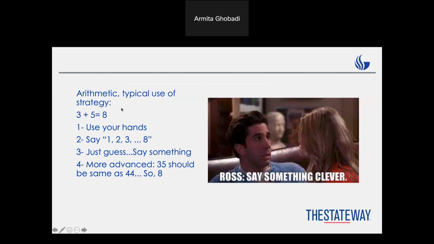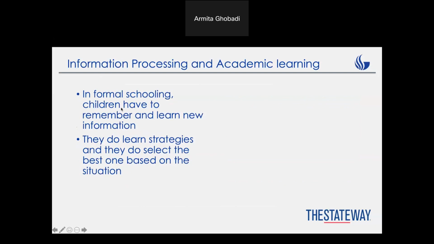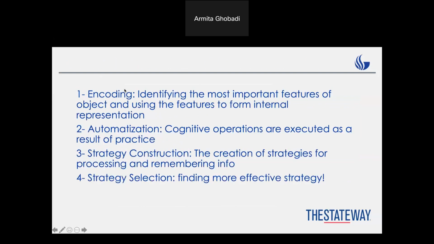Like the numbers 1, 2, 3, 4 until you hit 8. Okay, so let's go back to the main four processes. During automatization, you're going to use your cognitive operation to answer that arithmetic problem. But in strategy construction, you're going to create one strategy, for example, either using your hands or counting out loud, to solve that problem in front of you.